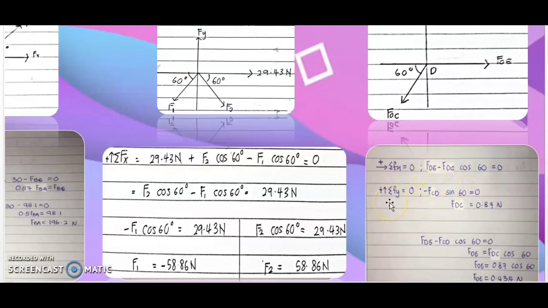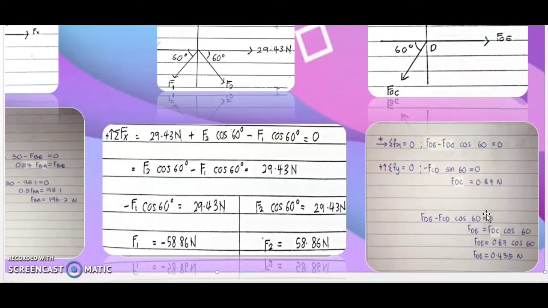So we assume the force from the bottom to the top at the y-axis is positive. So summation of Fy equals 0. The force acting on the y-axis is negative FCD sin 60 degree equals 0. So FDC equals 0.87 Newton.